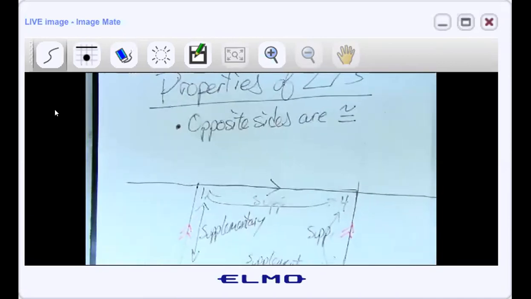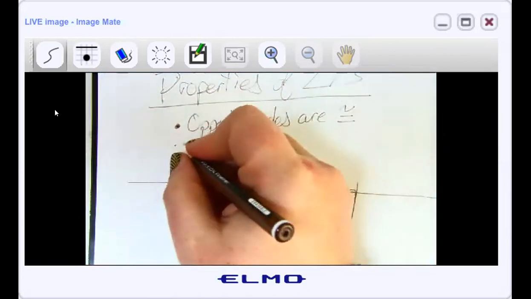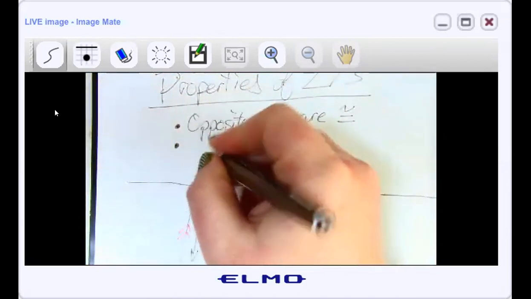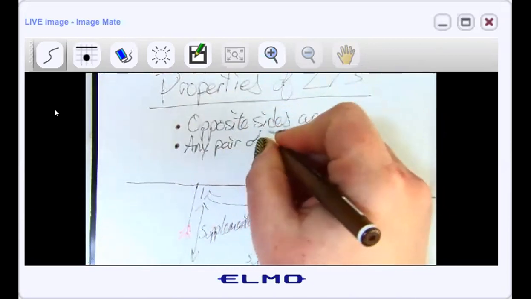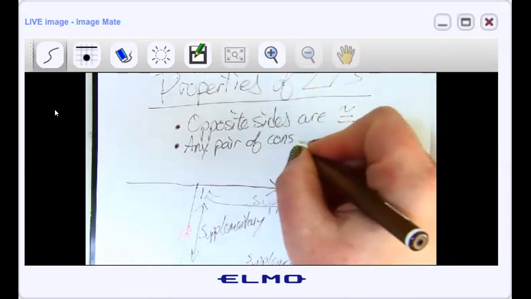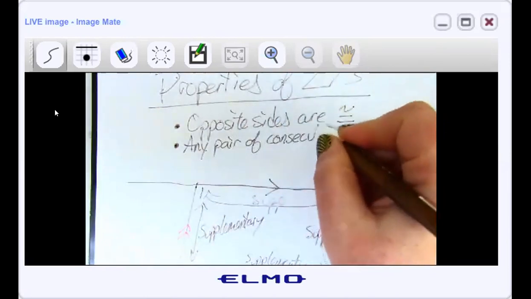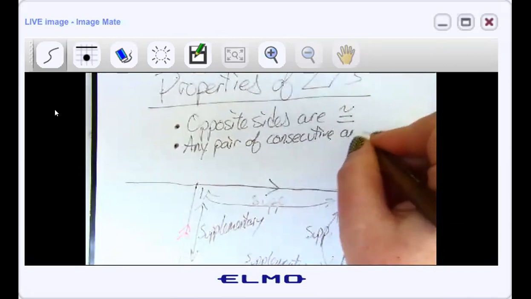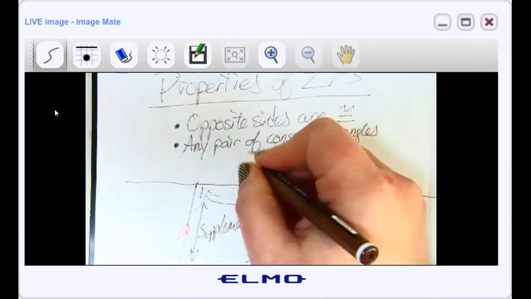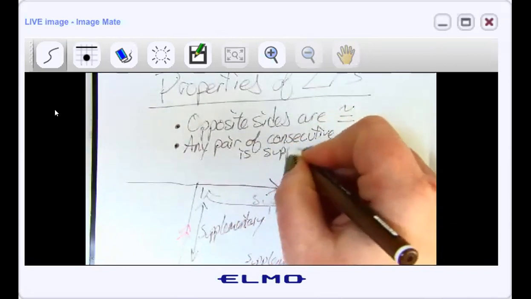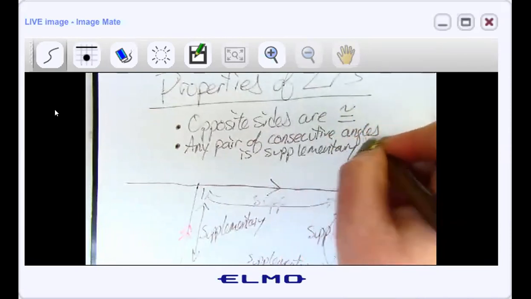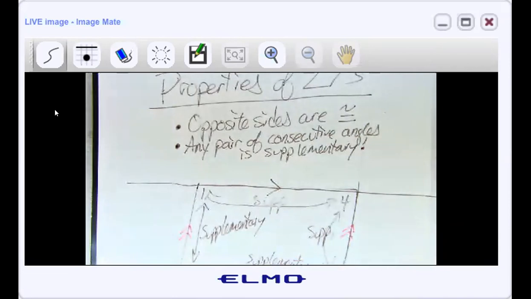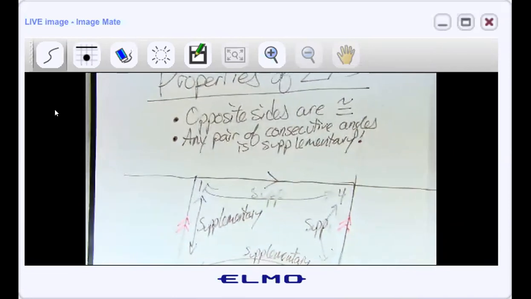All right, so we had opposite sides are congruent, and now we're going to add into it any pair of consecutive angles, so that's one angle right after another, is supplementary. And there's sort of an offshoot of this that we're going to find out in just a second.